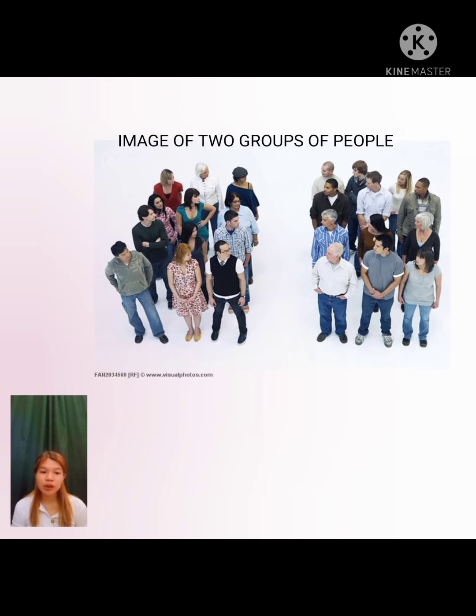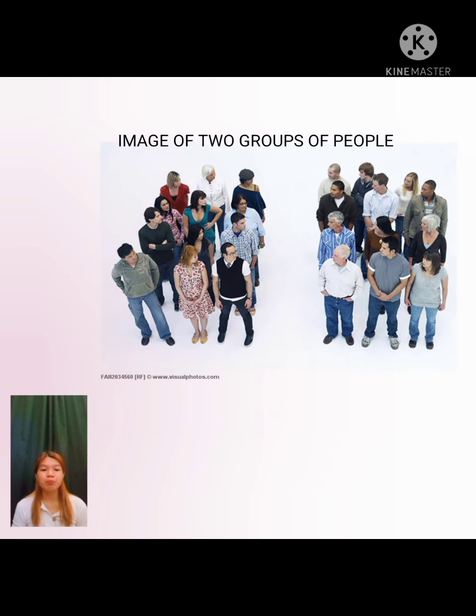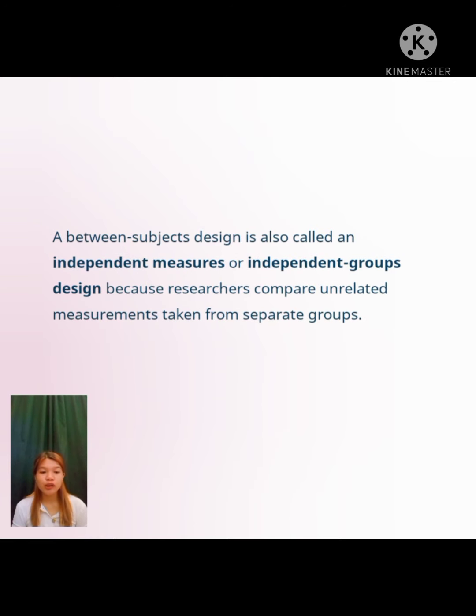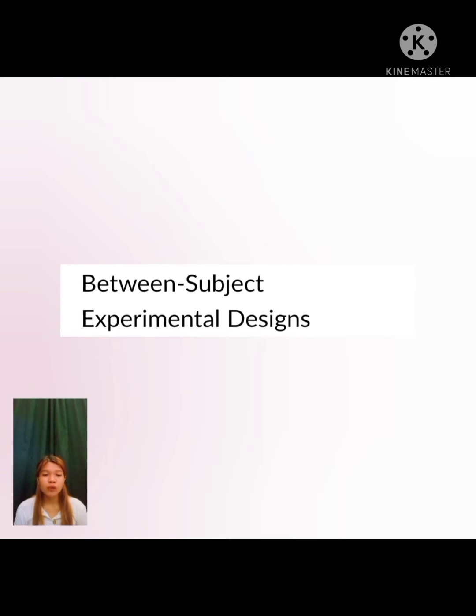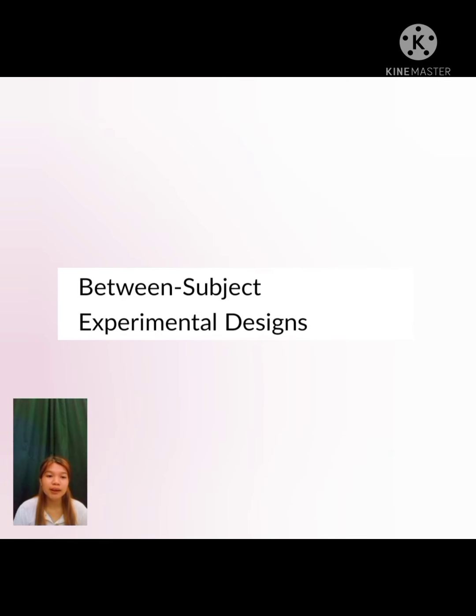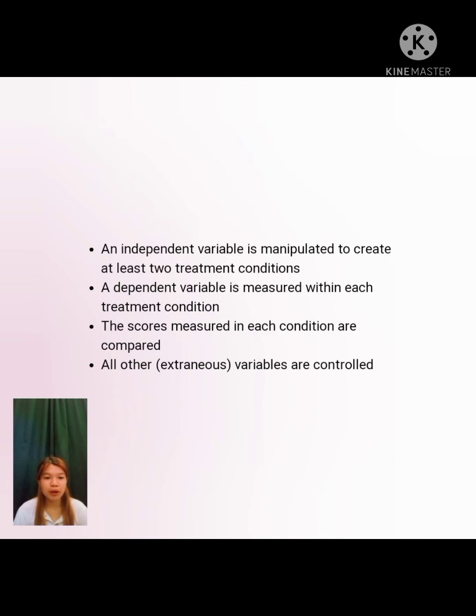A between subject design is also called an independent measurements or independent groups design because researchers compare unrelated measurements taken from separate groups. Between subject experimental designs. Since between subject experimental designs are an experiment approach, they have the four characteristics of an experiment.